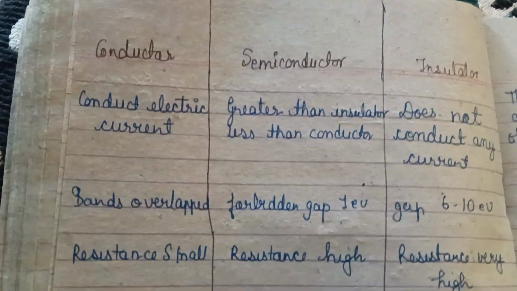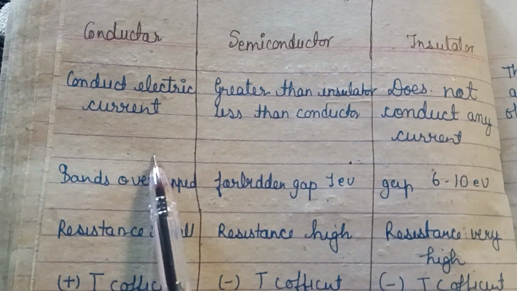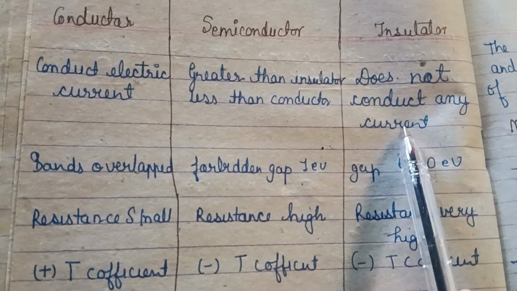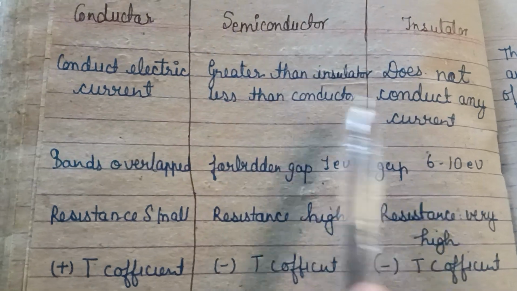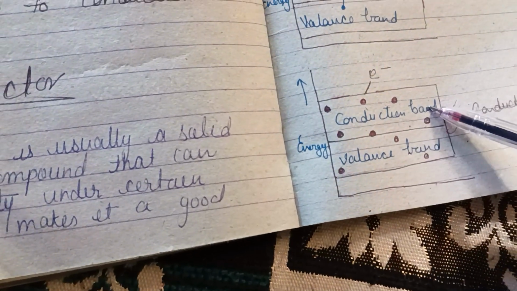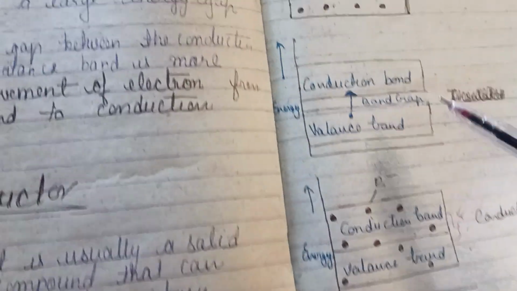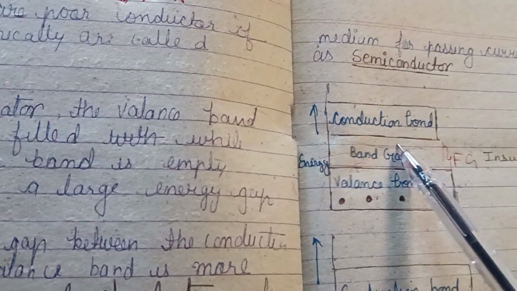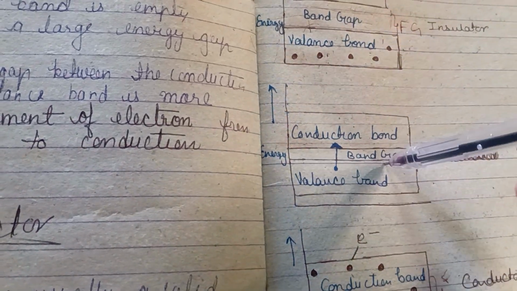The semiconductor is in the middle. For the conductor the bands overlap: there are two bands, the conduction and valence band, and they overlap because there is no forbidden gap here. Here there is too much forbidden gap, and this one is less than that.